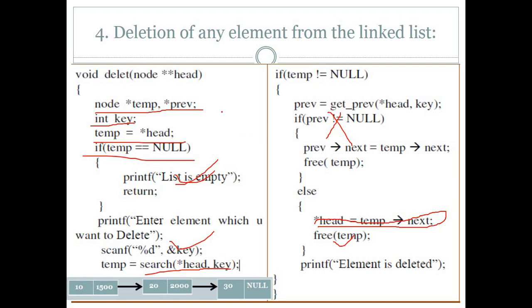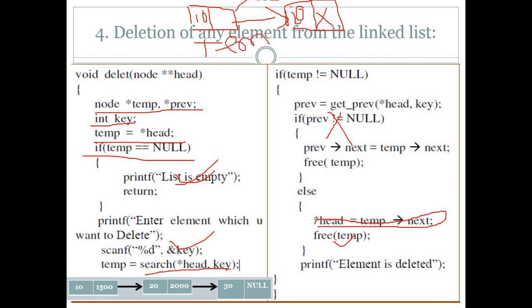Okay, so basically, if we have two nodes in our linked list, the first node is 10 and the second node is 20. If we want to delete 20, then we give this as temp.